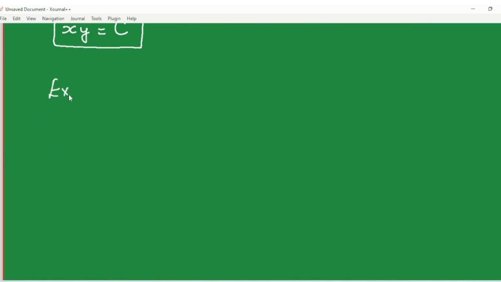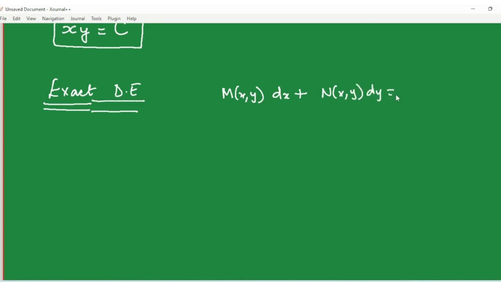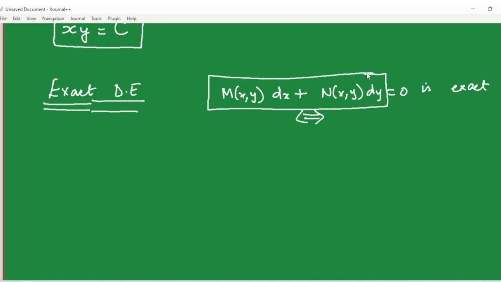So now we are in a position to introduce the idea of exactness. A first order first degree differential equation is said to be exact, suppose it looks like M dx plus N dy equal to 0, if and only if I can write the left-hand side expression as d of some function of x and y.